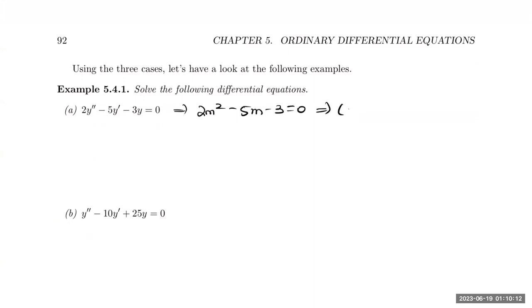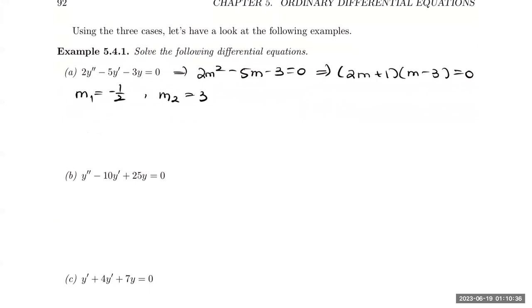If we factor this, we would get (2m + 1)(m - 3) = 0. And so the solutions of the auxiliary equation are m1 = -1/2 and m2 = 3.